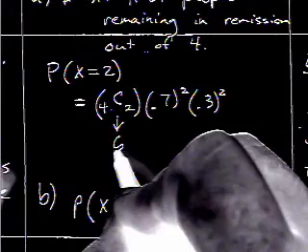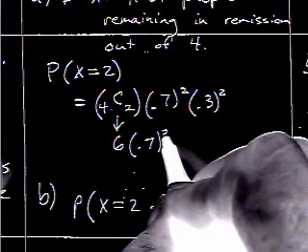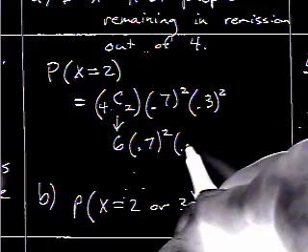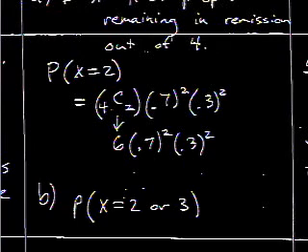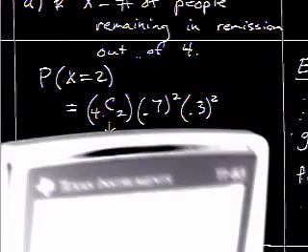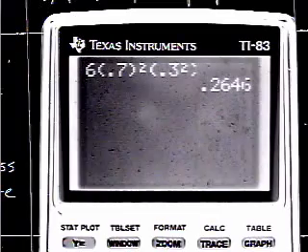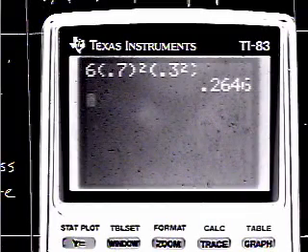So we know that this is 6 times 0.7, that's p to the second power, times q to the second power. And if we use our calculator for this, we get 6 times 0.7 squared times 0.3 squared, which is 0.2646.